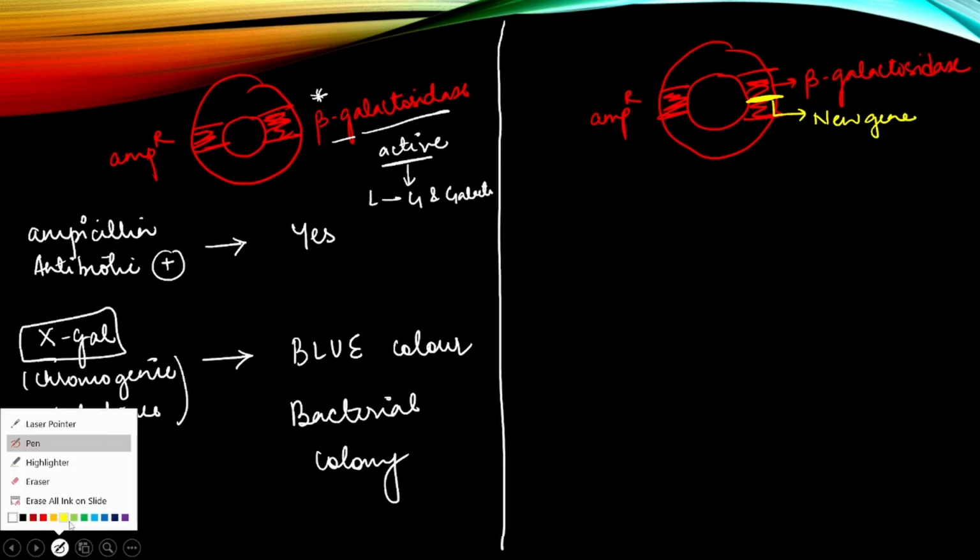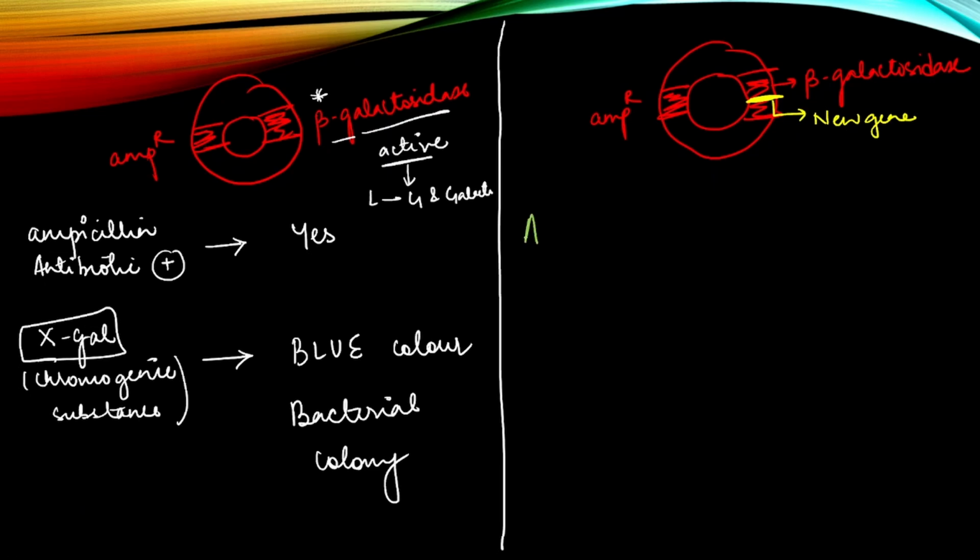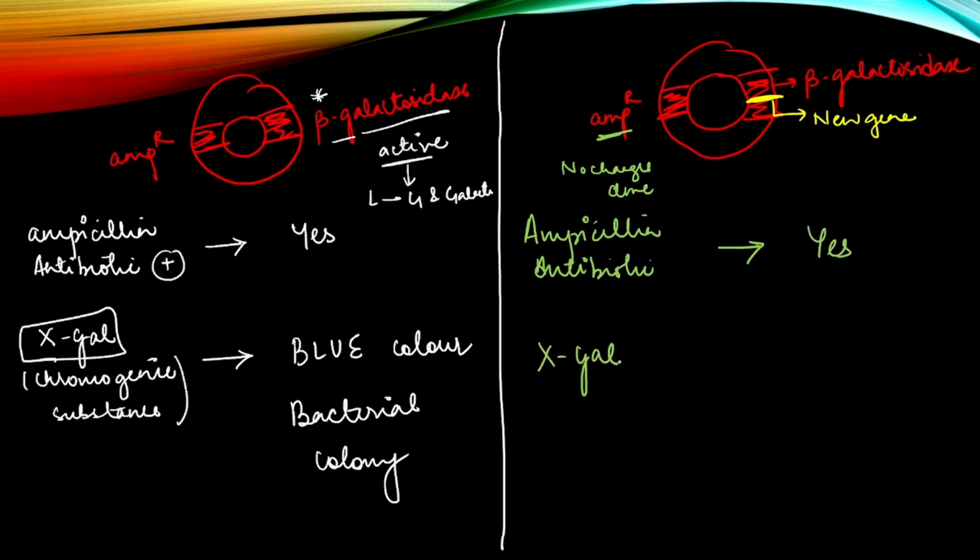But let me see the other case here. Again I am using ampicillin antibiotic. So you see the ampicillin part is all the same, no changes done. So in the presence of ampicillin, the bacteria will grow. But X-gal we use for detection of beta galactosidase, and here we have inserted a new gene, so changes were made.